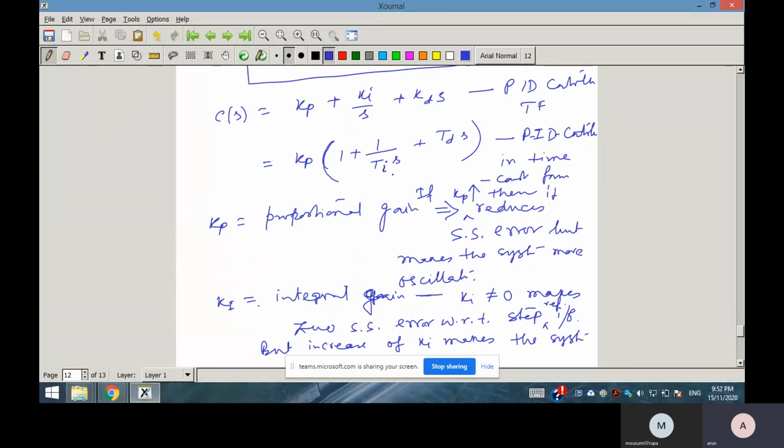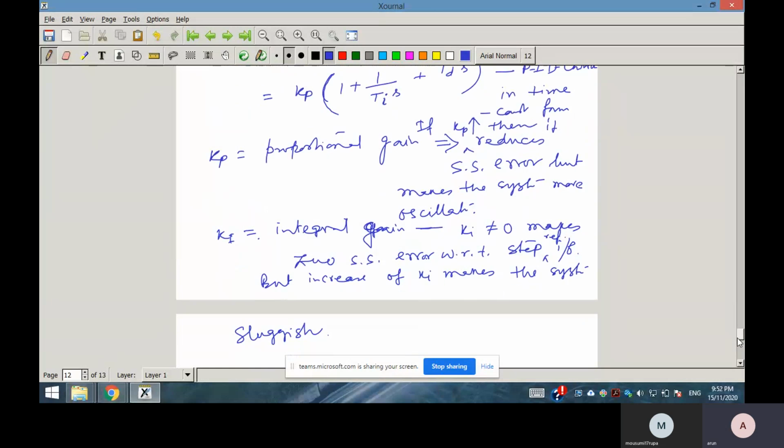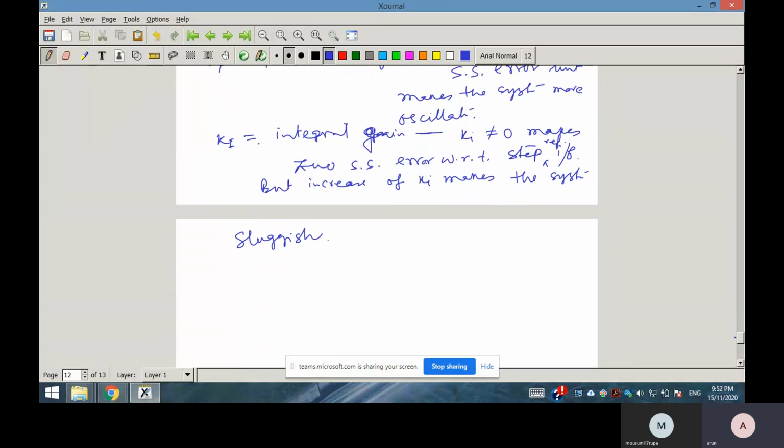You are introducing a pole at s equal to origin. So this is a slow pole, so it will ultimately make the system sluggish. It will be difficult to control. That mode you have to shift. So that is the problem.